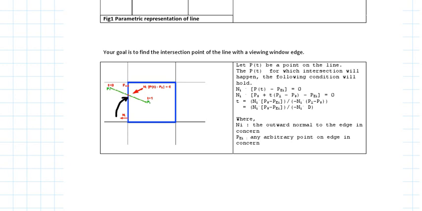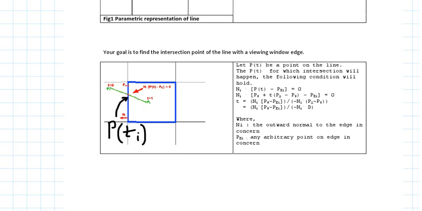Say this intersection point is Pt_i, right? Now to find this Pt_i, you have to do one thing. You have to assume one outward normal vector to the clipping window edge with respect to which the clipping has to be performed.